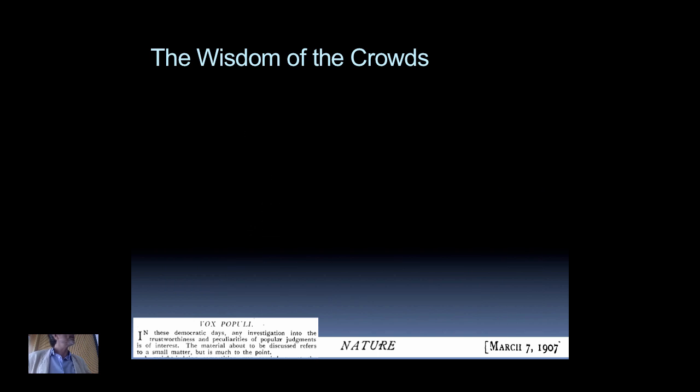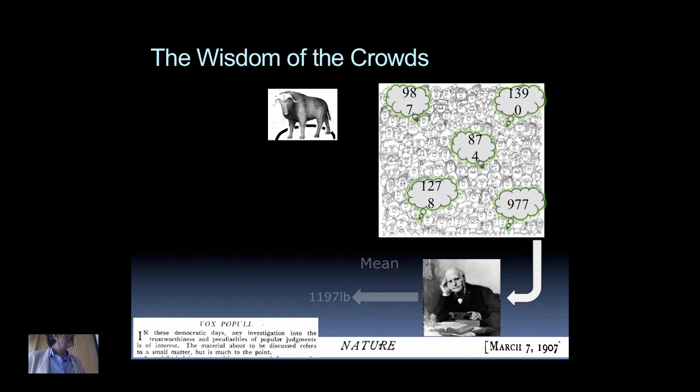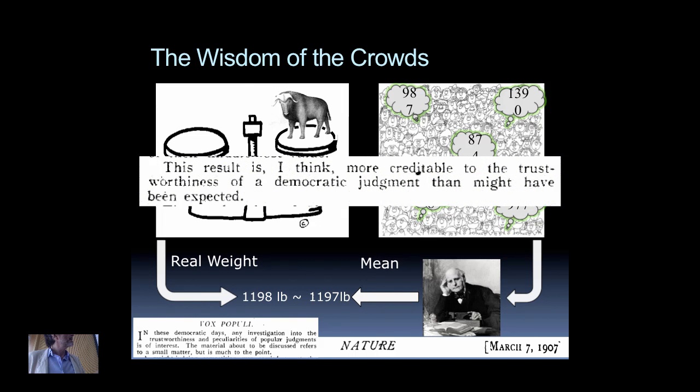So he concluded that this result is, I think, more creditable to the trustworthiness of a democratic judgment than might have been expected. Because he expected that the result was going to be a disaster. And so how can you trust a crowd to choose their government if the crowds are a disaster at estimating?